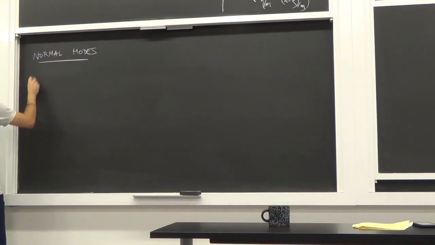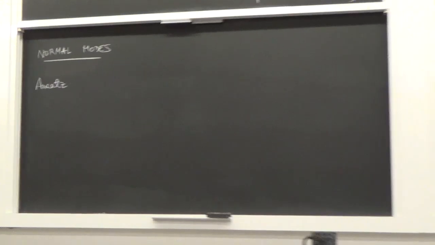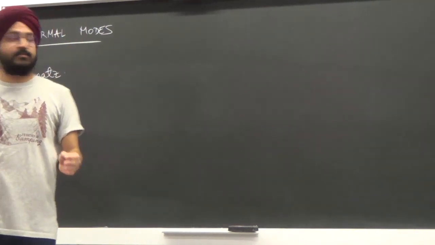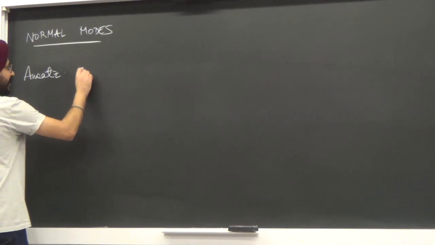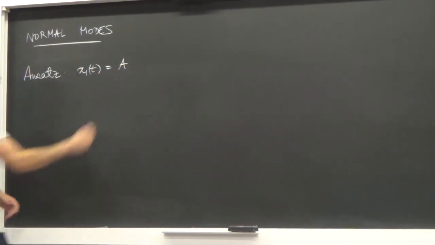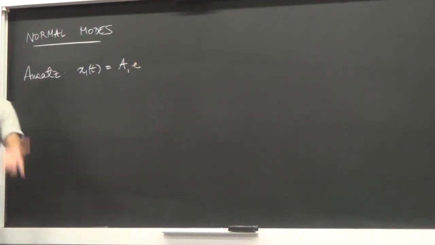So again, ansatz, because I know what I want. I know I want each coordinate, or each x, to oscillate at the same frequency. Some frequency, but the same for all the particles. So my ansatz is that x1 as a function of time is, let's say, some amplitude a1 going to the complex plane.